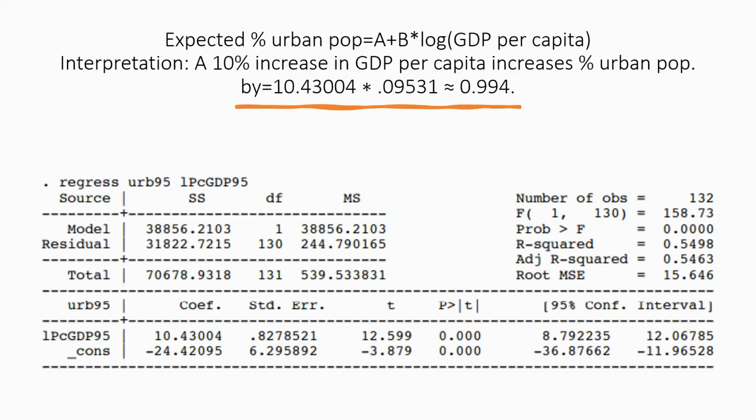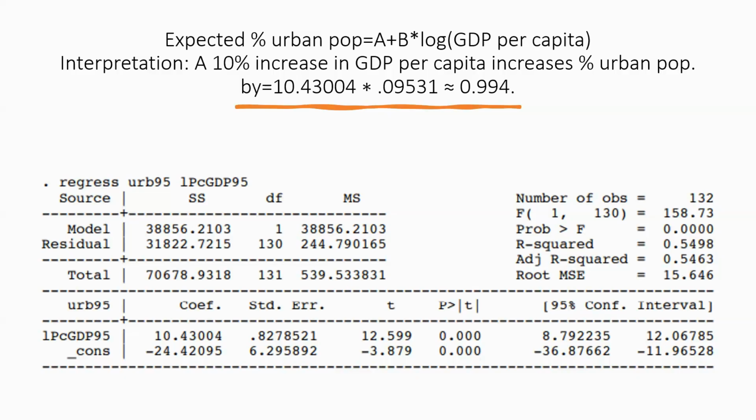And the way you would interpret it is like a regression coefficient: if you say a 10% increase in GDP per capita, for the percentage urban population you multiply this coefficient by this number, 0.953, which is the log of 1.10, which is the addition of 10%. So every additional 10% increase of GDP increases the percentage urban population by 0.99.